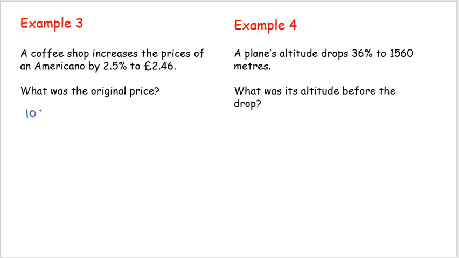Okay, so we had the original amount before the increase. We then increased it by 2.5%, and that left us with 102.5%. So this new amount represents 102.5% of the original quantity. So let's set up our equation. The 102.5% is equal to £2.46.